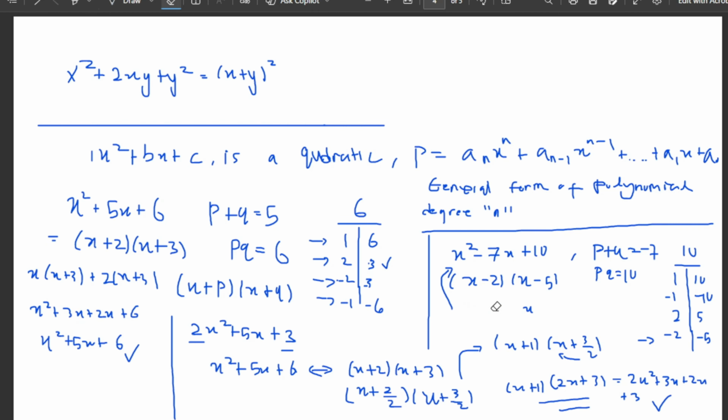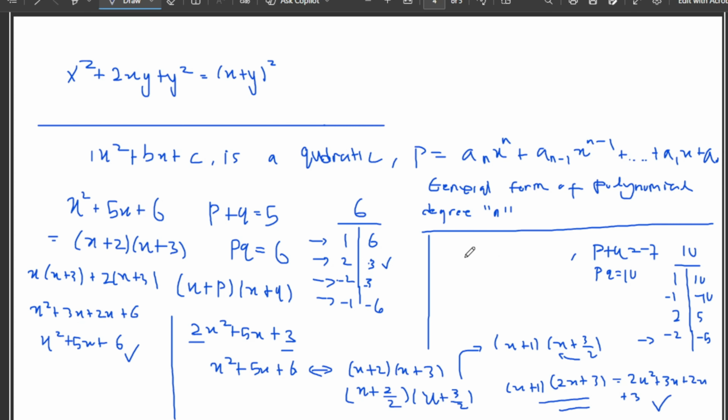How about if we have a trinomial of degree 3? If we have x cubed plus x plus 1, well, we can't really factorize it because we don't have the formula for it.